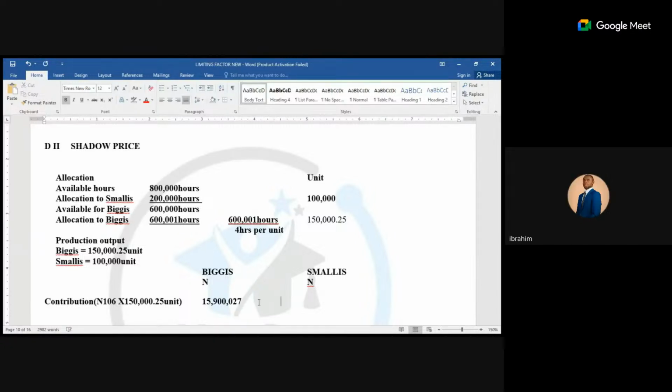So the resulting contribution for smallies will remain the same because we don't have the scarce resources there. We have the capacity to produce the 100 units, right?